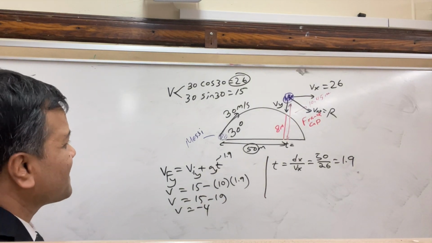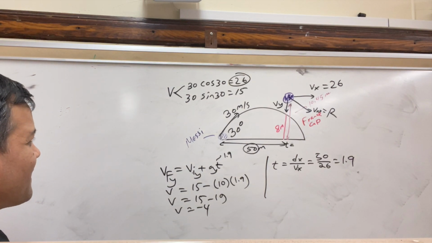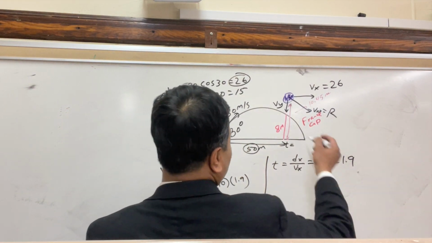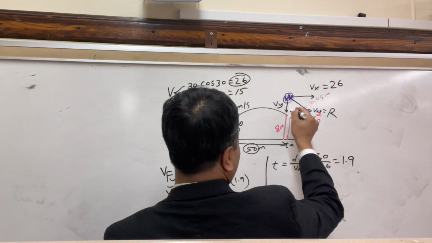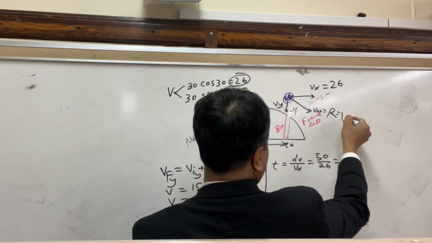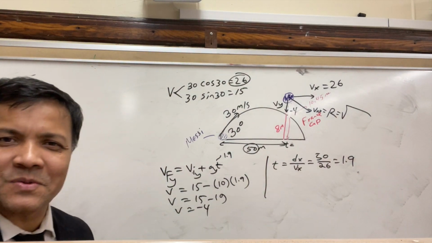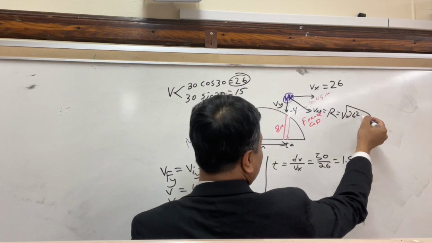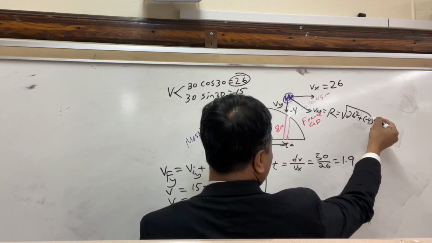All right. So now I have everything I need. So this one is minus 4. Now it becomes super obvious: 26 squared plus minus 4 squared.